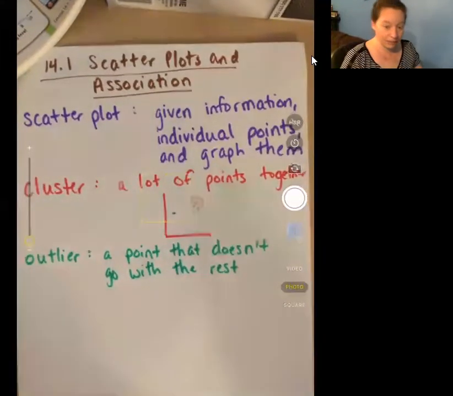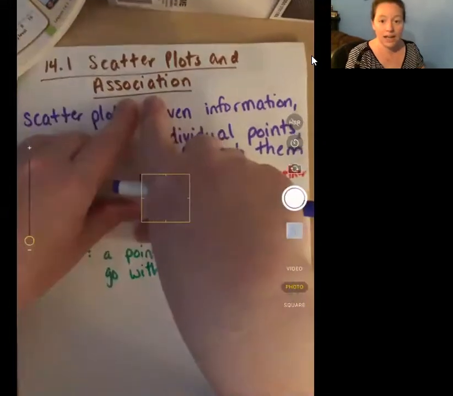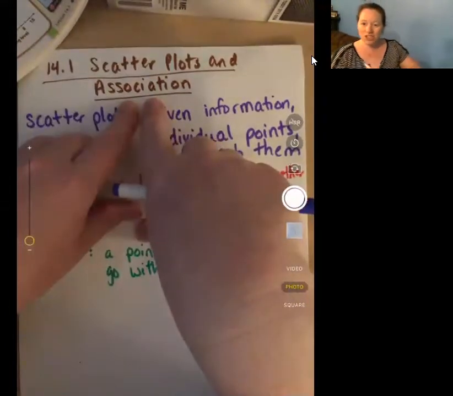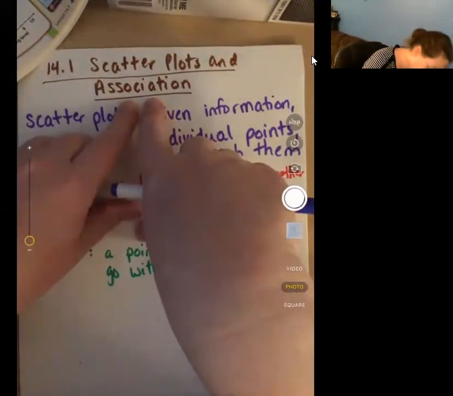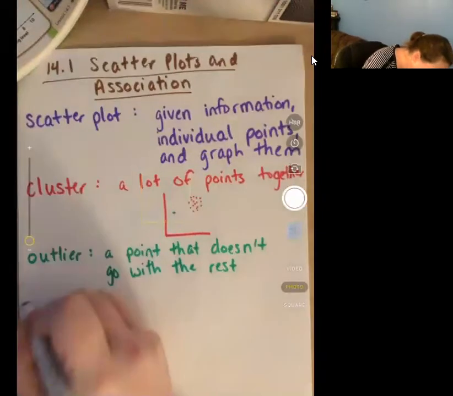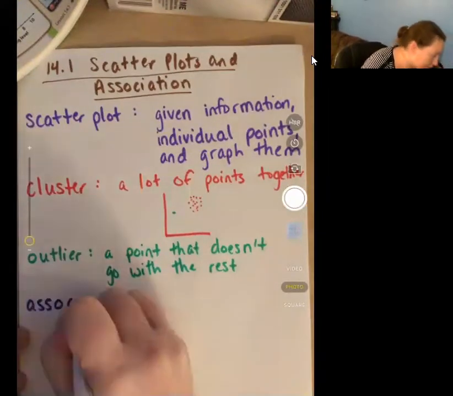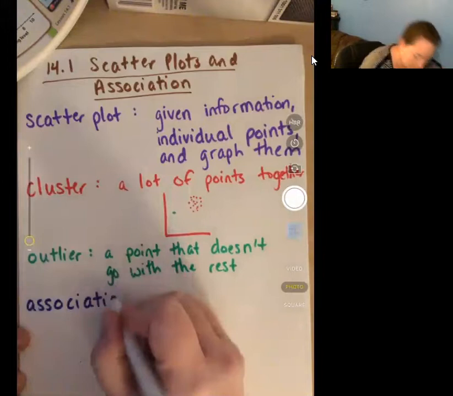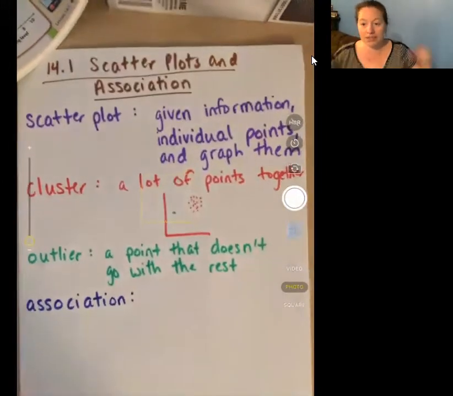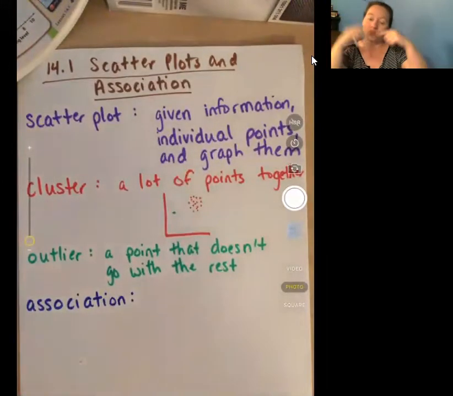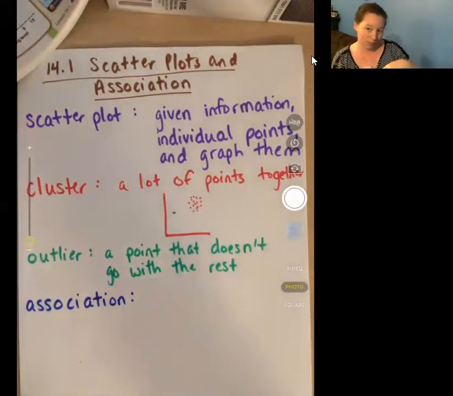Let's get to the second part of our title, association. So what does association mean? Well, do you remember what associate means? To associate means to talk with, to make friends with, to get along with. You associate with people.